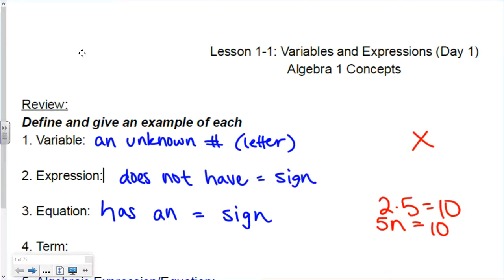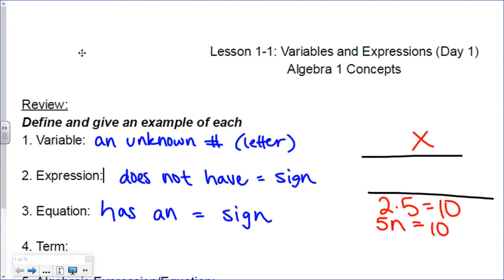So can you give me an example of an expression? Somebody besides Sal. Nope. Come on. I'm not that scary to talk to, I promise. You just got to give me some kind of statement that does not have an equal sign. Yeah.